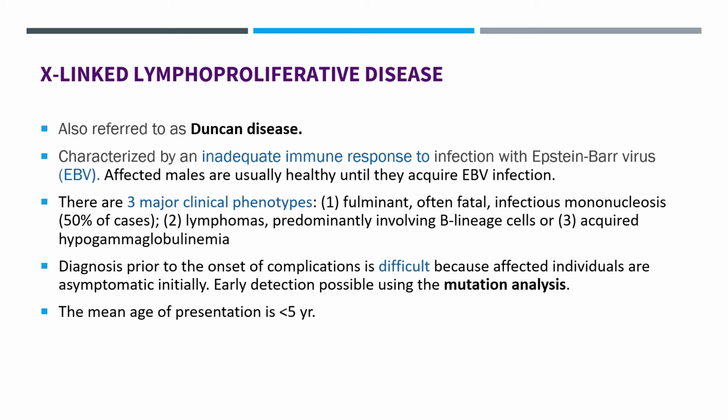Diagnosis prior to onset of complications is difficult because the patients are normal prior to showing symptoms. But early detection is possible, especially if there is a known case in the family, by doing mutation analysis. The mean age of presentation is less than 5 years. Now I finished this video.